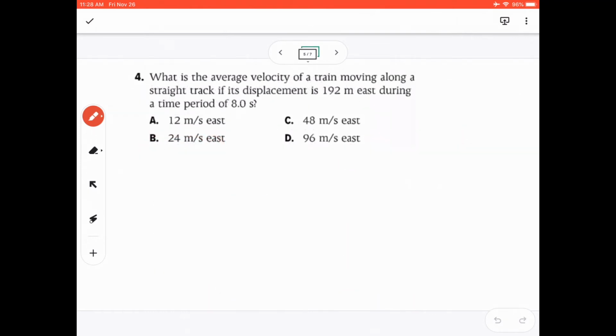Question 4. What is the average velocity of a train moving along a straight track if its displacement is 192 meters east during a time period of 8.0 seconds? Let's list our givens first. The displacement, delta x, is equal to 192 meters east.